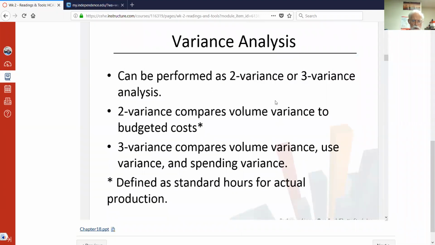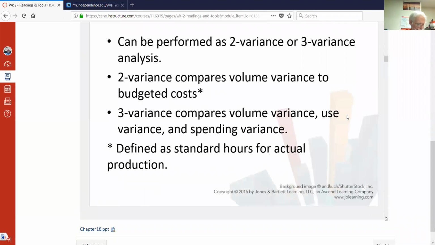Variance analysis is again a budgetary approach, or a variance that uses multifactorial analysis. We may compare the variance to the budgeted costs.